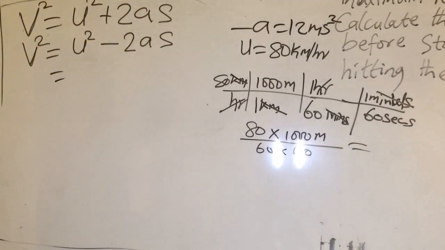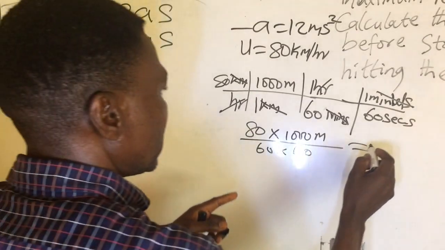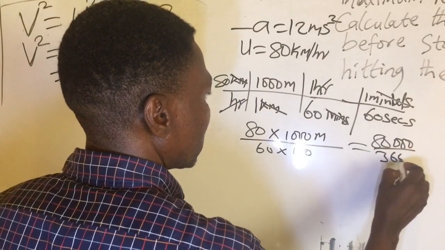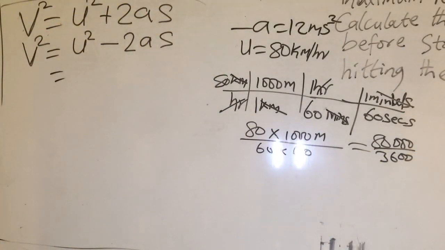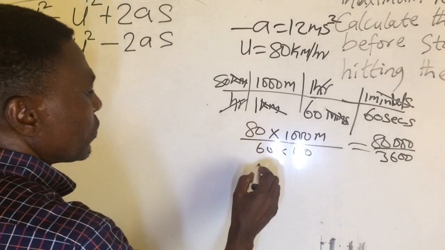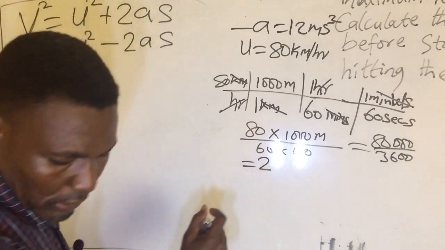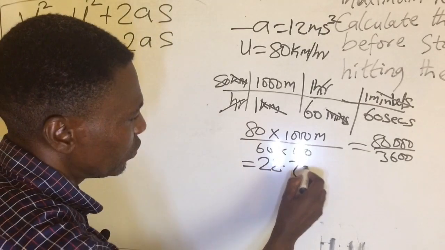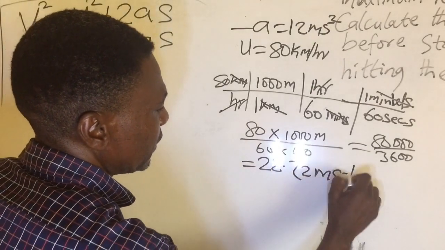When we multiply out, we will have 80,000 all over 3,600. When we divide, we will have 22.22 meters per second.